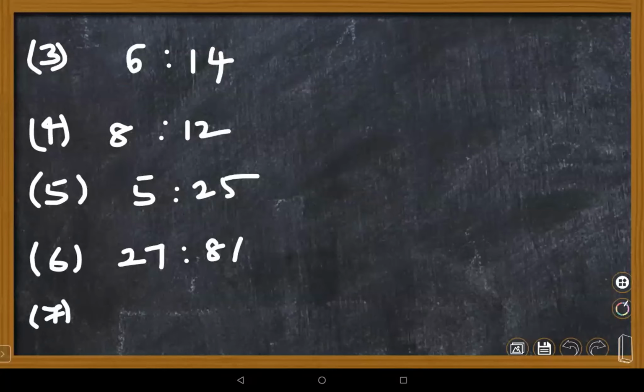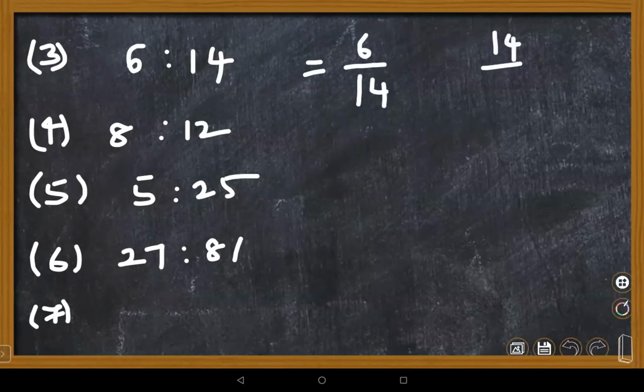In this case, you go with 6 by 14 only. You should not write 14 by 6, it is wrong. Express it as 6 by 14 and simplify.